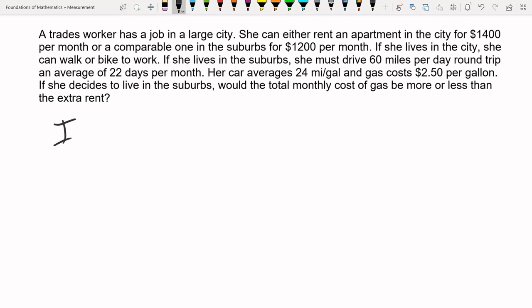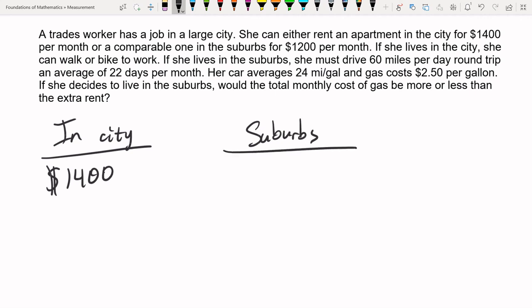So in the city, her monthly cost is $1,400 for just the apartment. So that one's actually already done. In the suburbs, her monthly cost is $1,200 plus the monthly cost of gas.